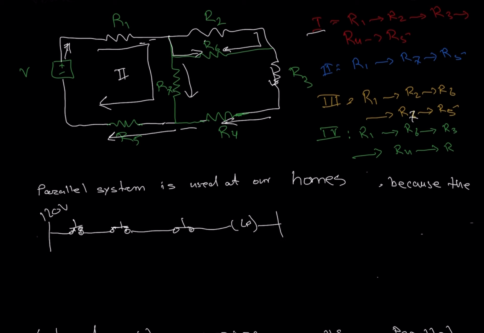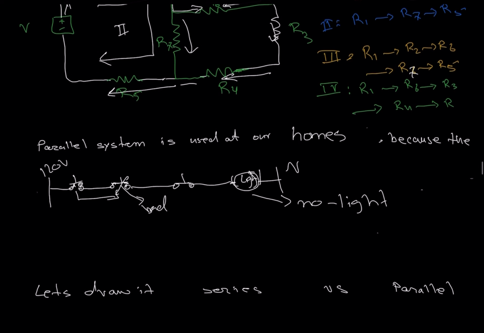This is a light, and if any of these receptacles burns out, if that goes bad, you have no light here, because this will disconnect the current from flowing from here, so you'll no longer have anything coming to this terminal, so there'll be no power.